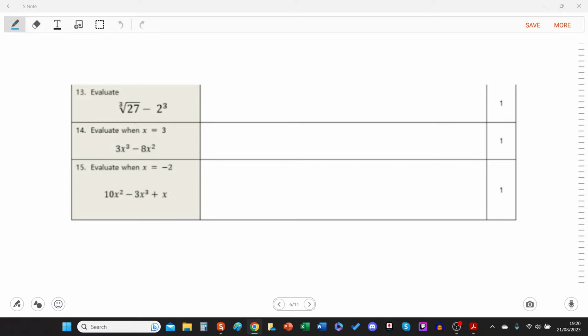Okay, you've had 2 minutes, 1 minute left. Trying to imagine you sitting there, working away right now. Making an effort. It's good stuff.